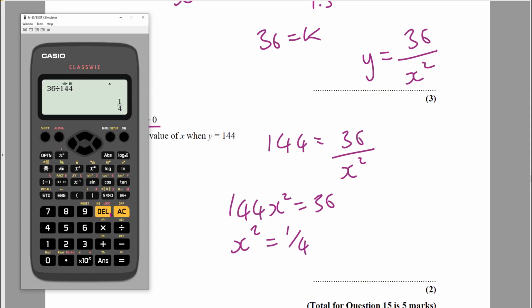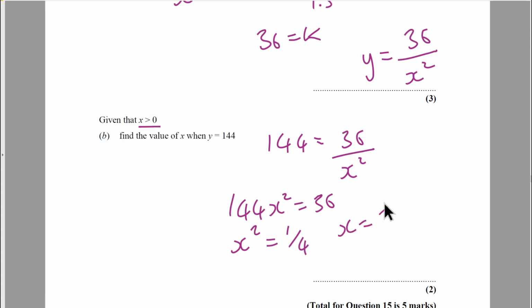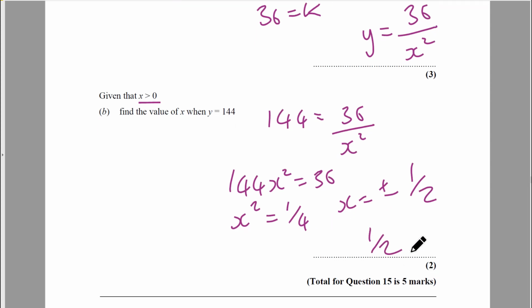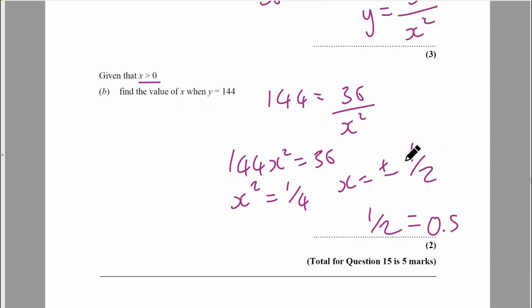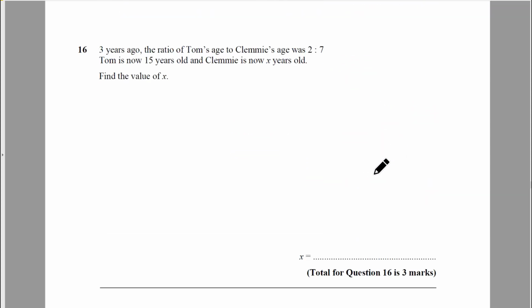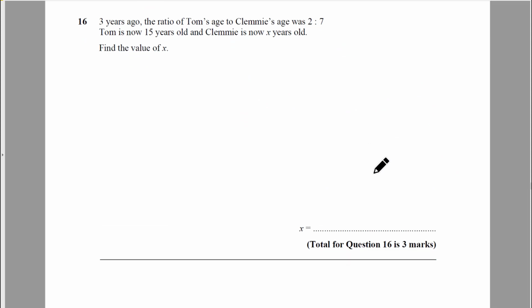Now I know some of you will make a calculation error, so let's just square root a quarter, which is 0.25. That's going to be half. So x is going to be plus or minus a half, and it's greater than 0, so x is going to be a half, or 0.5. Another 2 marks done. Inverse proportion. Proportion should be marks in your pocket straight away.